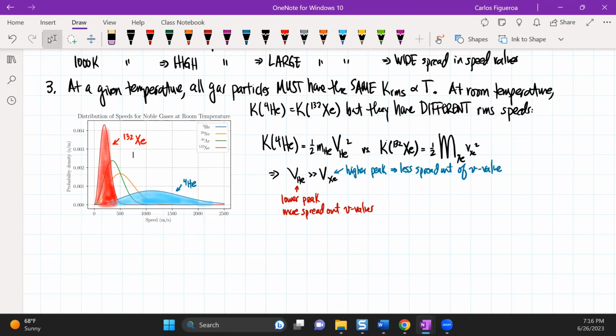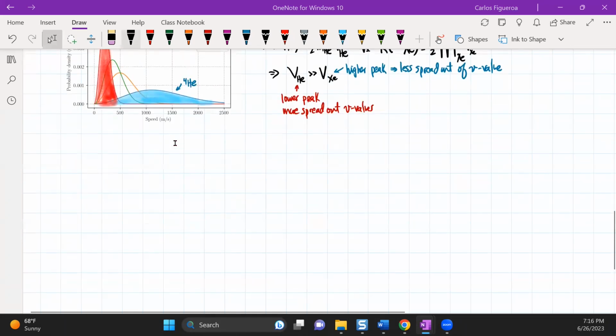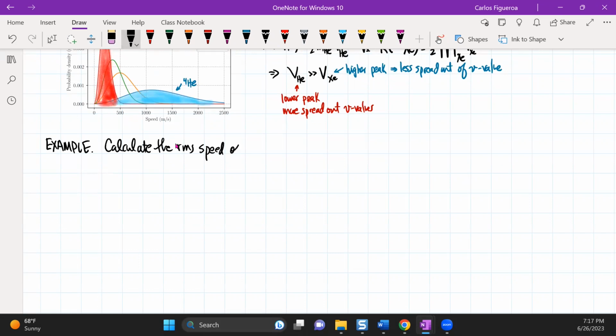So now let me show you what I mean by all of this. As an example, let's think about calculating these values. Let's calculate the RMS speed of helium-2 and nitrogen-2 at room temperature.